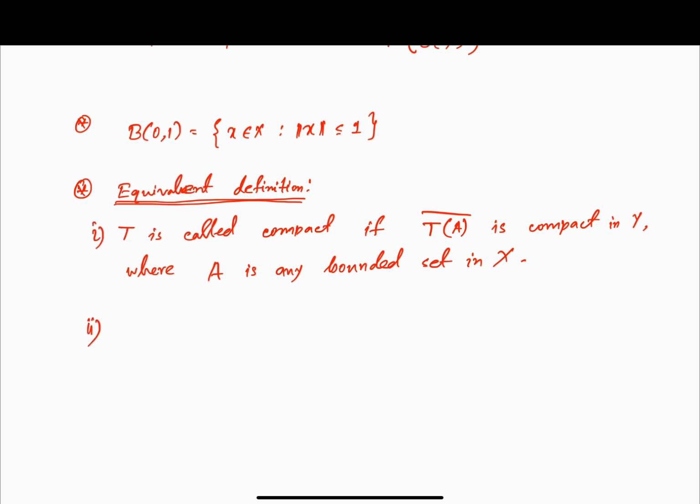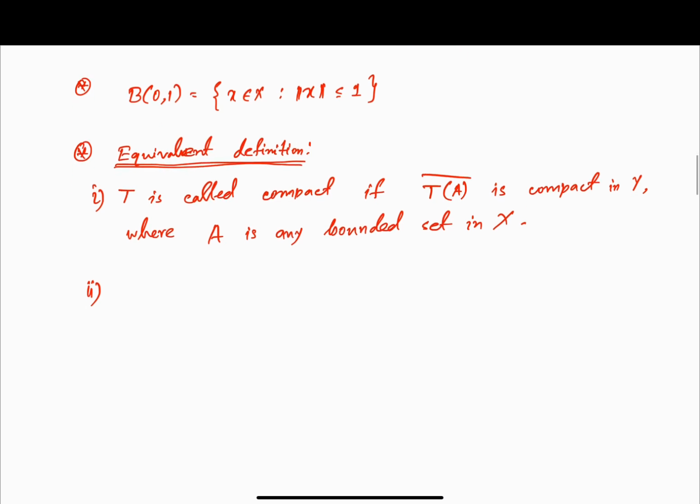This is the same as taking any bounded sequence and seeing what the image of that sequence is. If that image sequence has a convergent subsequence, then we can say T is a compact operator.